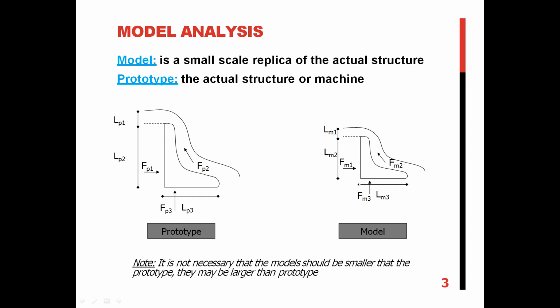It is not necessary that the model should be smaller and the prototype larger; based on the applications, the dimensions shall vary. But make sure you are very clear with these two terms: the model is a replica and the prototype is the actual structure.